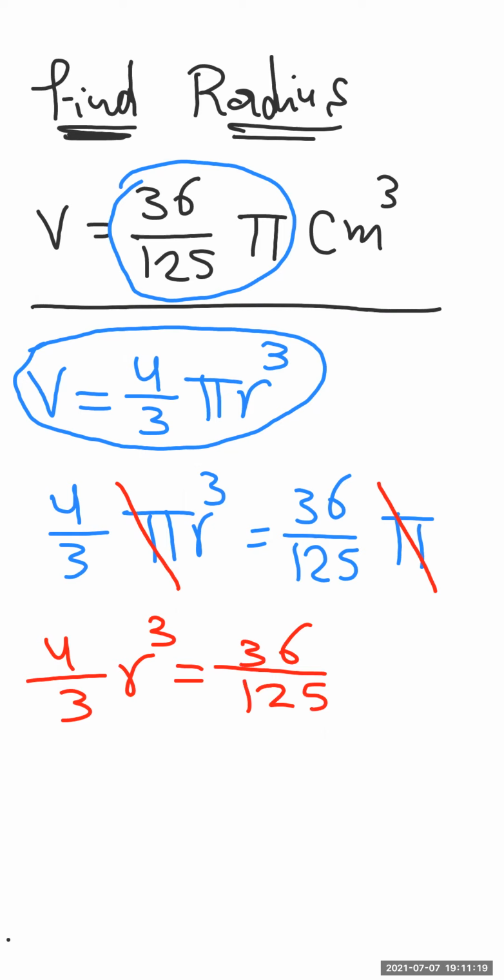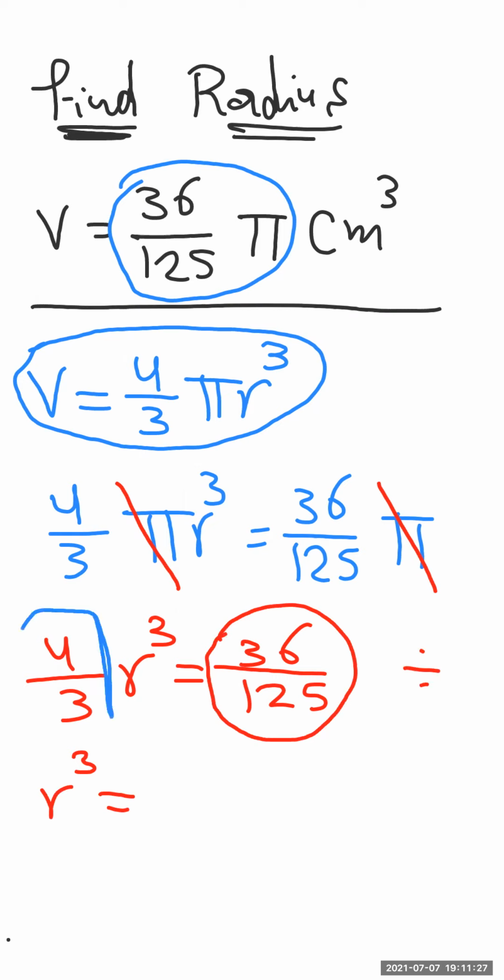Now, r to the power 3 will equal this value divided by this value, the coefficient. So 36 over 125 divided by 4 over 3. We said that division by fractions, we can change it from division into multiplication and flip the number.